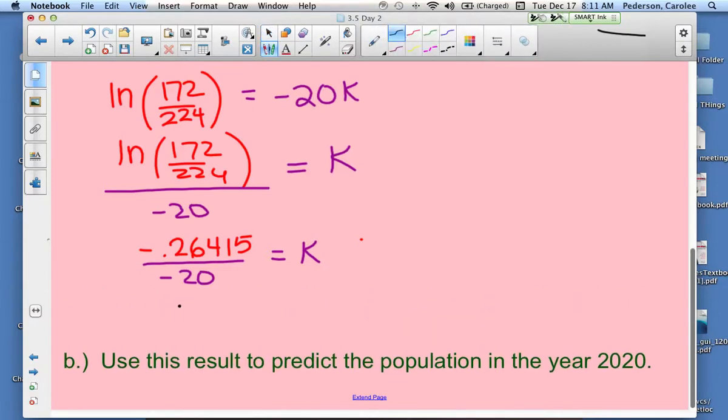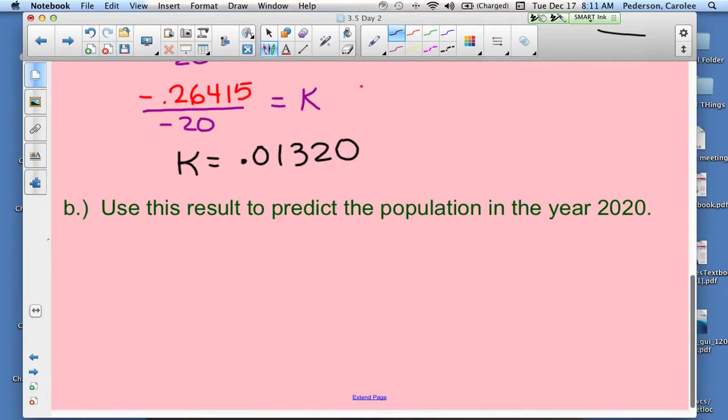And we get k equaling 0.01320. That is our k. If we want it as a percentage, then we move it 2 places to the right. That is an increase of 1.3% per year.